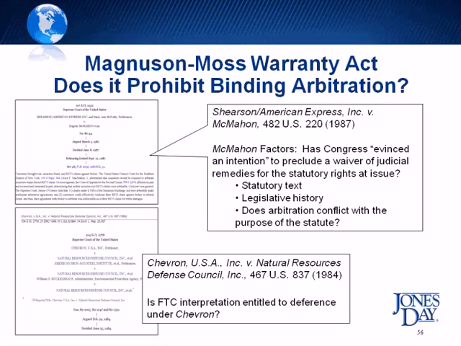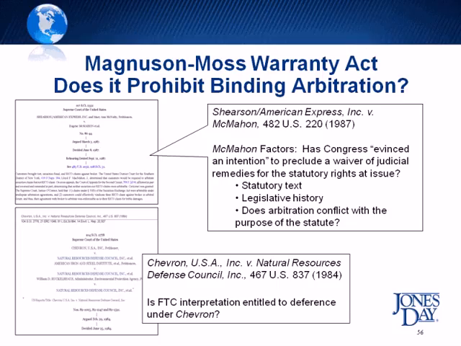And then the next question is whether the interpretation of the FTC is entitled to Chevron deference. And Chevron deference is, of course, the deference that is given to agencies' interpretations of a statute that they administer, where Congress has not already spoken and where the agency's interpretation is reasonable.